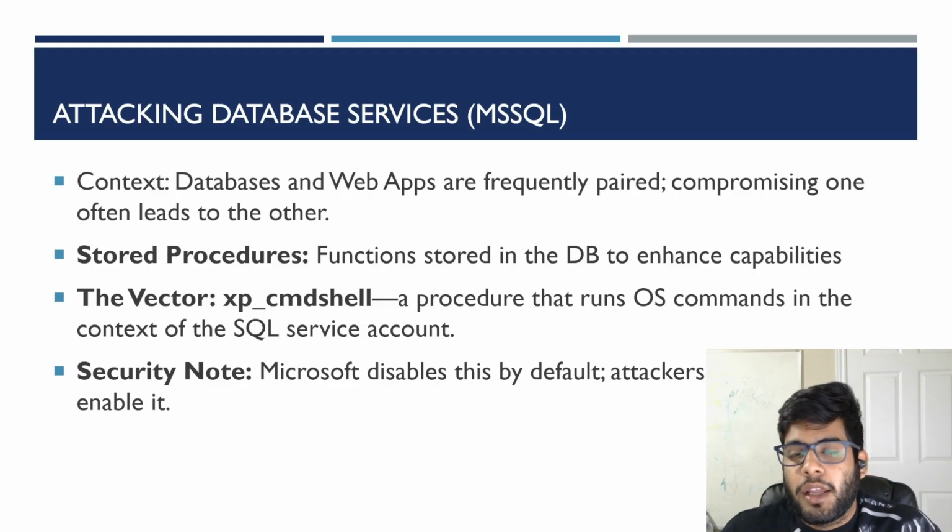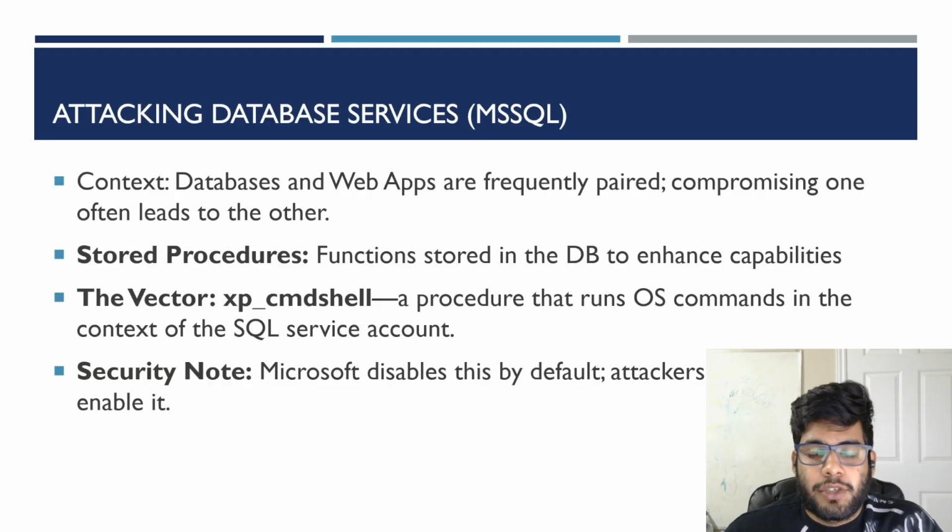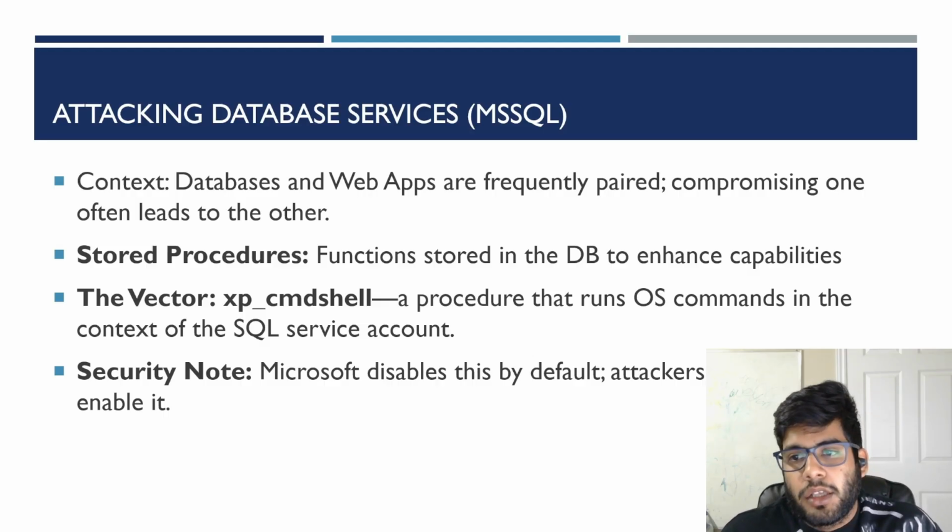So let's say we got a connection to the SQL server. We can exploit it to run OS commands through that. This is like a bridge that lets the database run commands on the Windows computer.